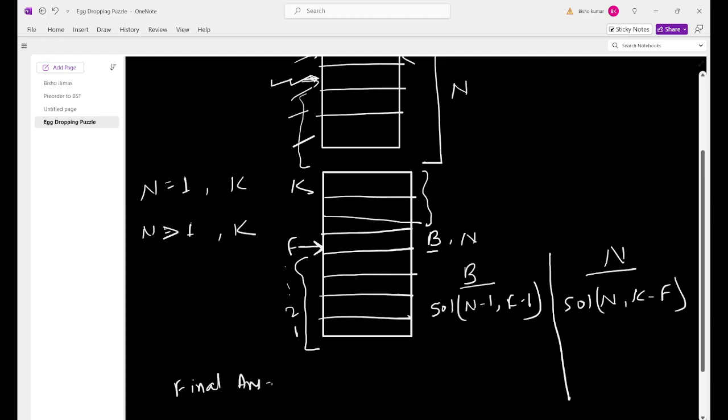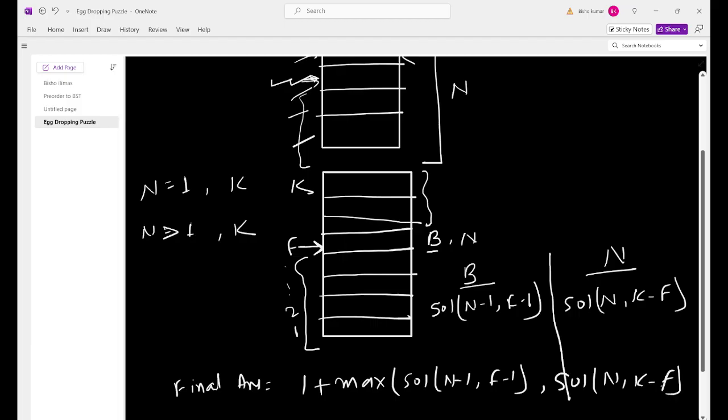Final answer will be 1 for these steps, and maximum of below and above. That means solve of n minus 1, f minus 1, comma, solve n, comma, k minus f.